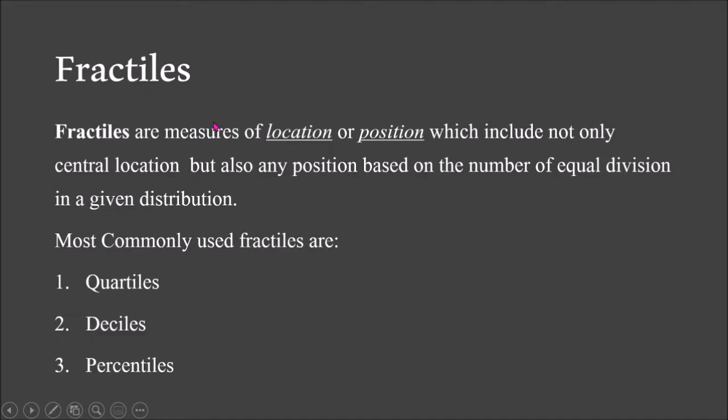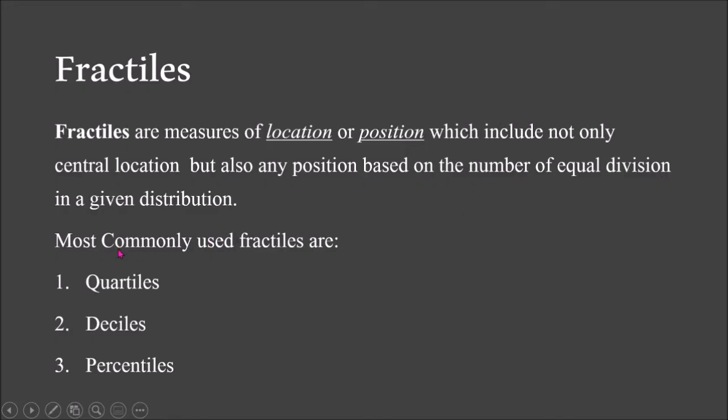Let's have fractiles. Fractiles are measures of location or position, which include not only the central location, but also any position based on the number of equal divisions. Take note, class, the division of a given distribution must be equal, divided equally.